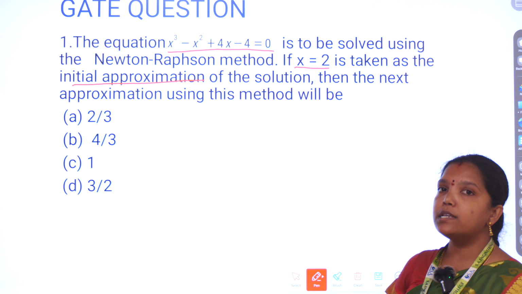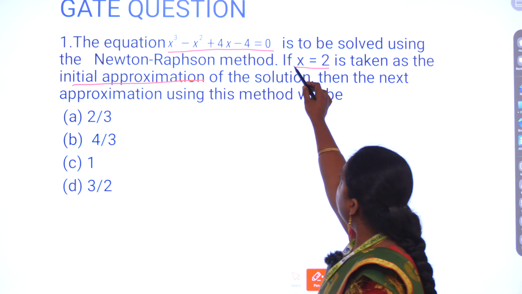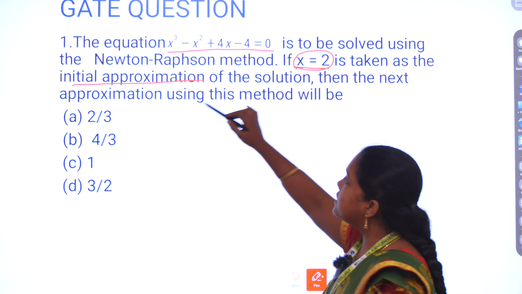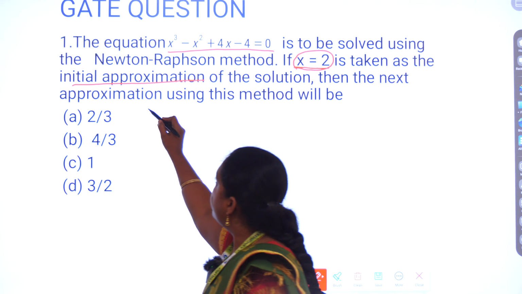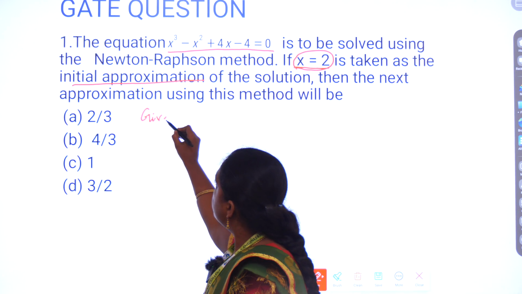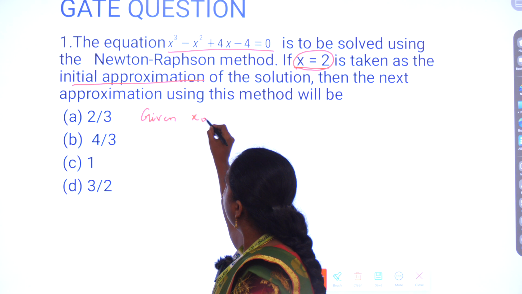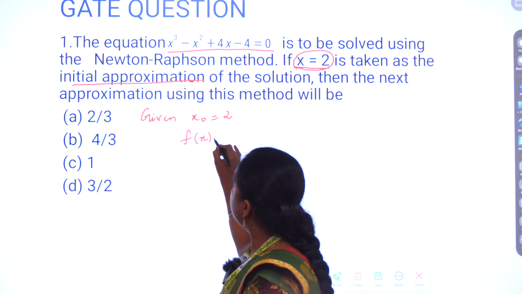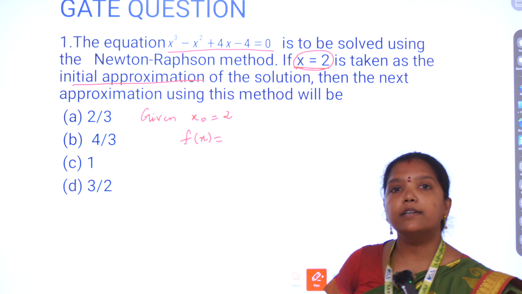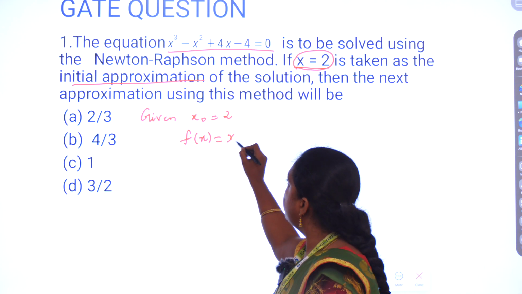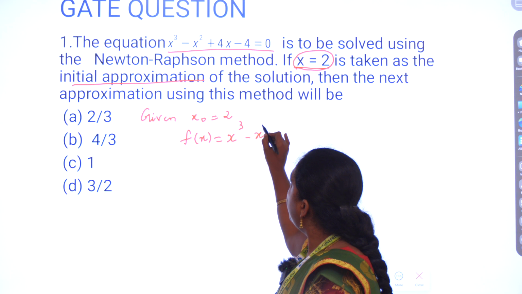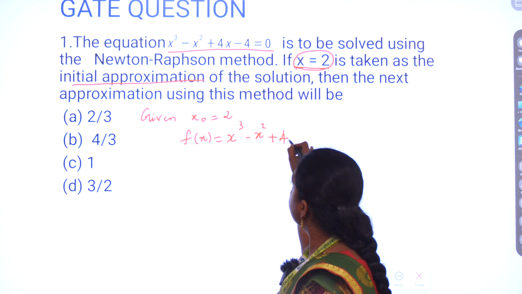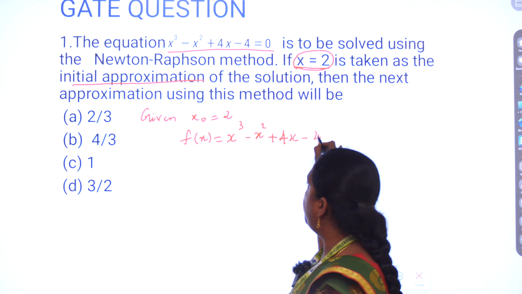So here what is given is x0 equal to 2, that is the initial approximation. The given equation we consider to be f of x, that is f of x equal to x cube minus x square plus 4x minus 4.